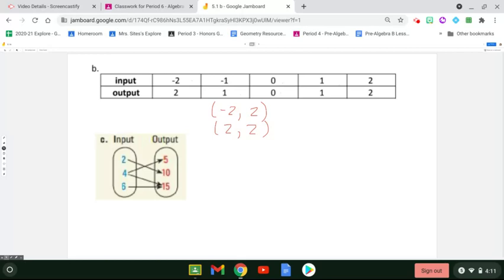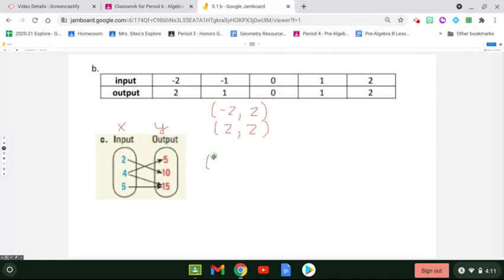Okay, and let's see what C looks like. Okay, C is called a mapping diagram. Okay, and how this works is this shows you a bunch of ordered pairs. Okay, and how that shows you, this is kind of like your X's, these are like your Y's. Okay, so how you would read this is the input value of 2 is going to the output of 10.